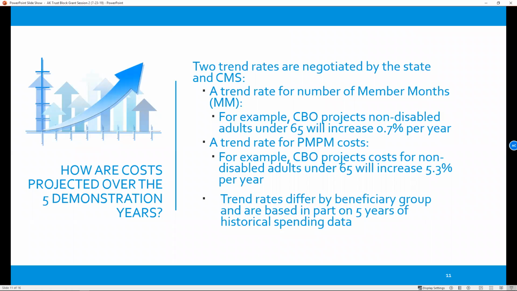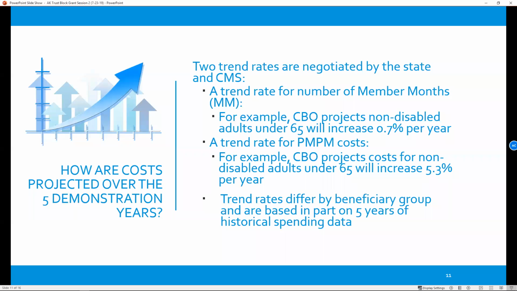Okay, so now, picking up on this point, how quickly are things going to change? And the technical term for that is a trend rate. It's basically a percentage change each year.